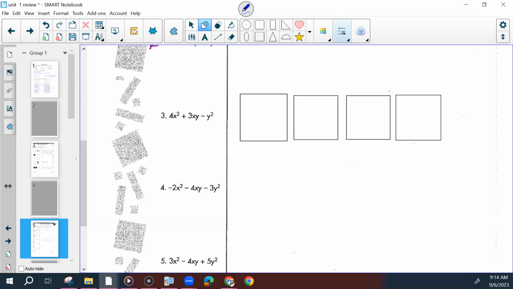3xy, what are we drawing? 3 rectangles that are not filled in. And then negative y squared, how many and what are we drawing? 1 small.